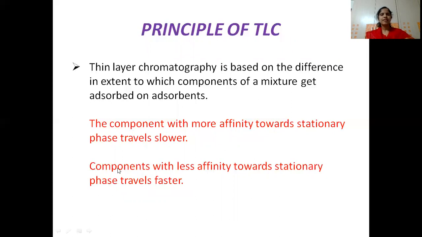Whereas the component with less affinity towards the stationary phase will travel faster. So that is the main principle behind this TLC. So the separation is based on the difference in the extent of adsorption of the components onto the stationary phase.